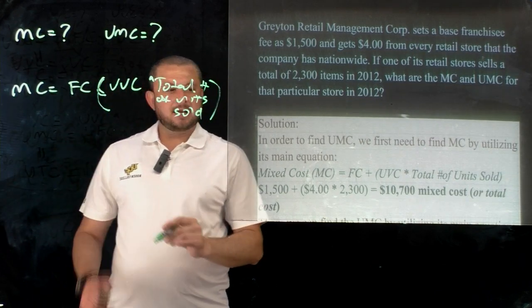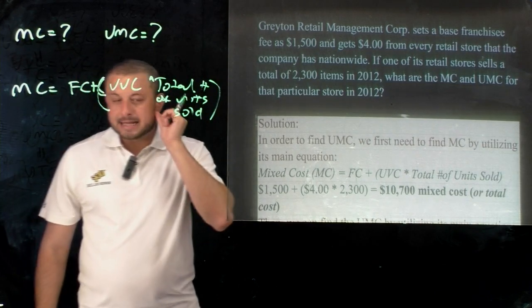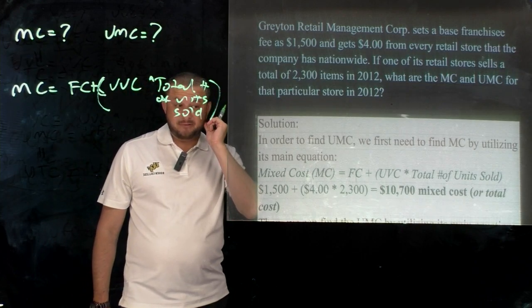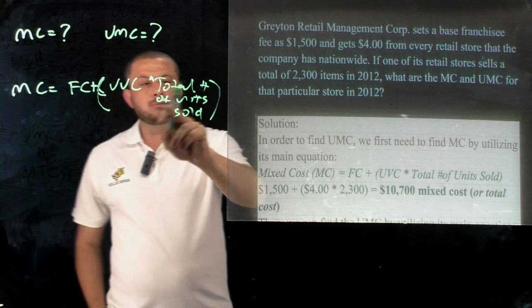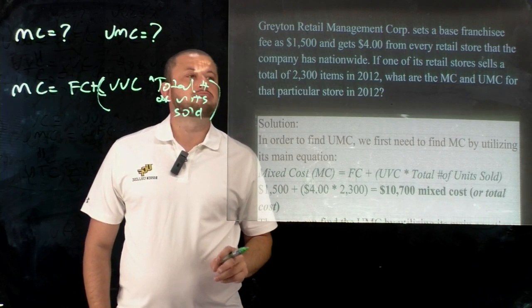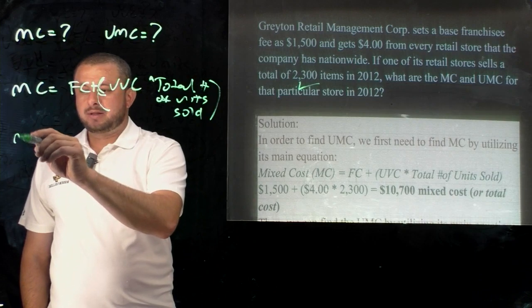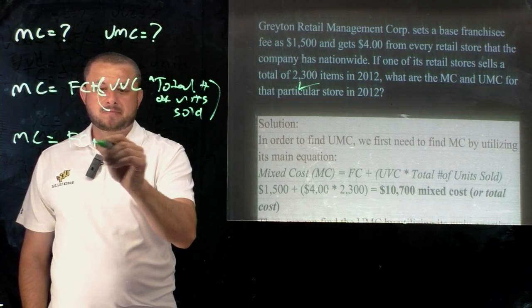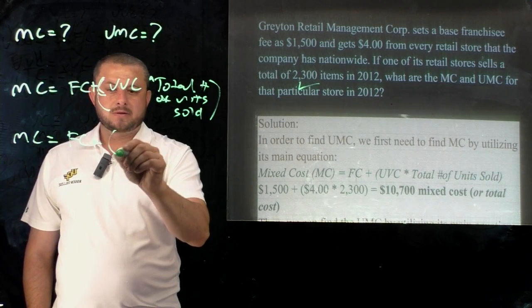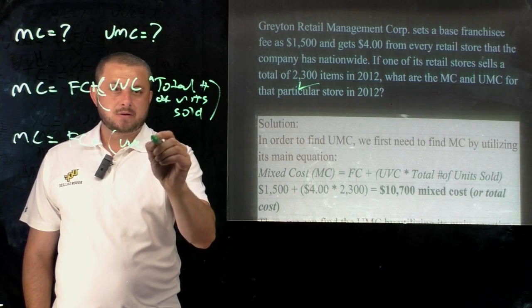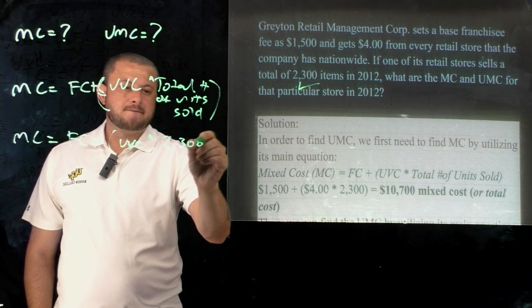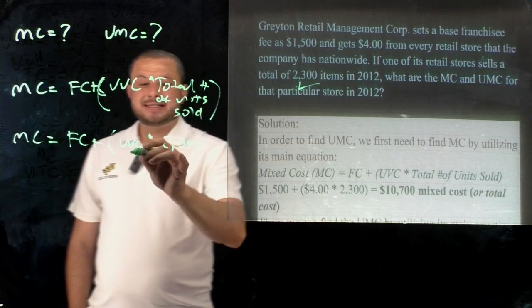Okay. So let's just analyze the components, and then let's see if we can find MC. Do I have the total number of units given in the question? 2,300. So I can rewrite this equation. Do I have UVC given in the question?